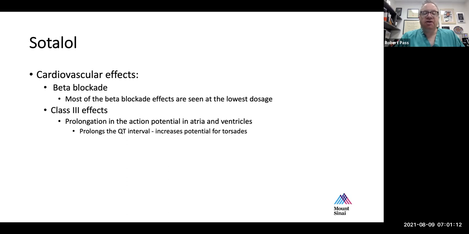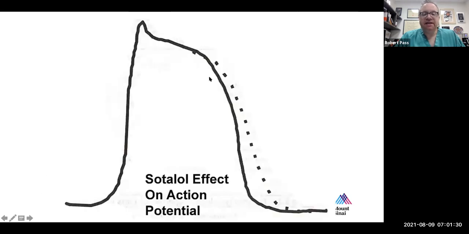It causes prolongation of the action potential in the atrium and the ventricle, and it will prolong the QT interval, which means that it enhances the risk for torsades. So you have to be careful with this agent. When you're starting it, you want to get an EKG every day to monitor the QT interval. This is, again, the effect of sotalol on the action potential, lengthening it out.